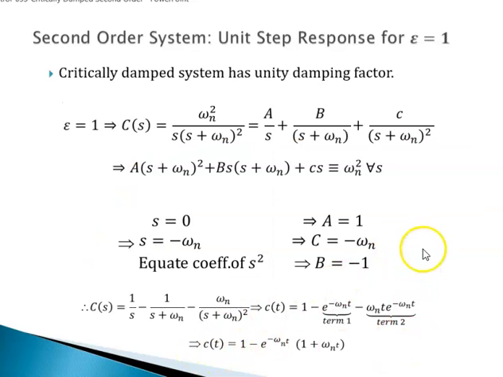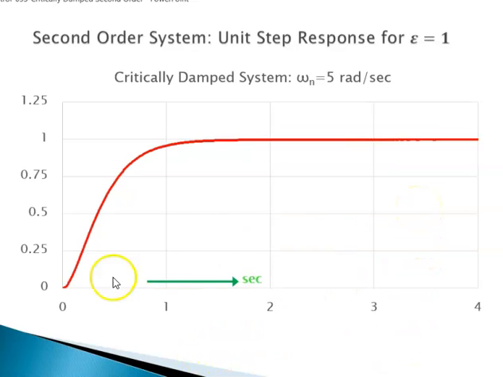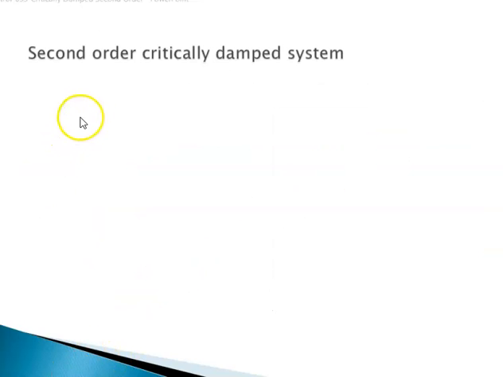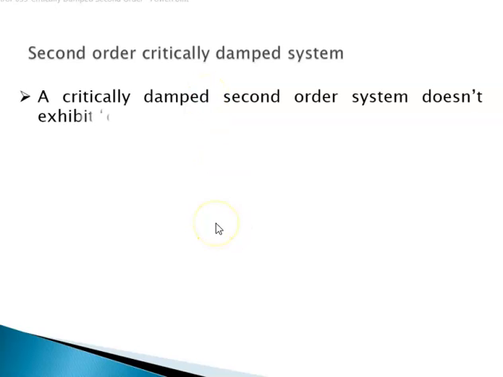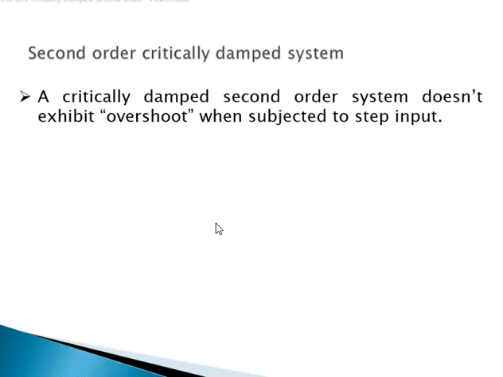This, if we plot, appears to be something like shown here. You can see it quickly rises and reaches the step input. This one is the step input.